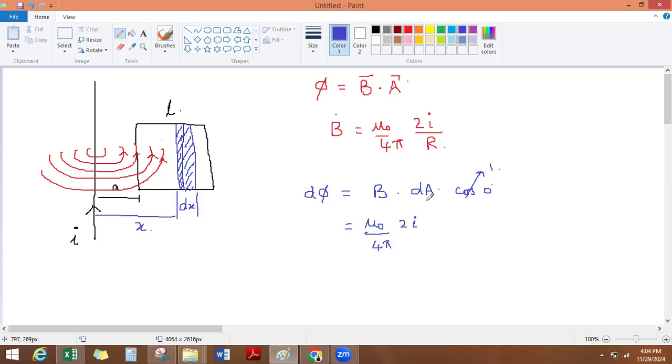I want this location, so I'm going to write it as X. dA is the area of this small strip, right? This is an L square loop, so this is L, this is also L. So L into dx is the area.